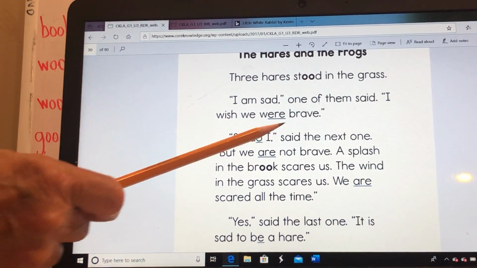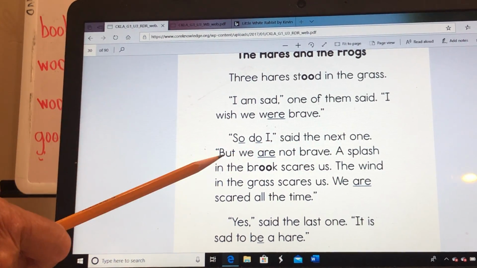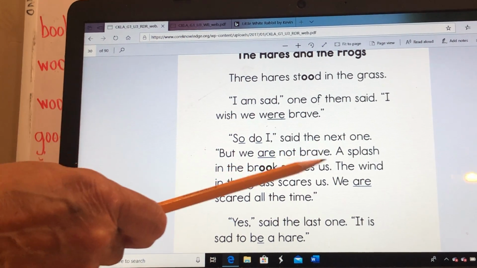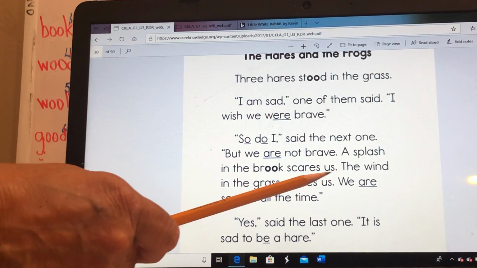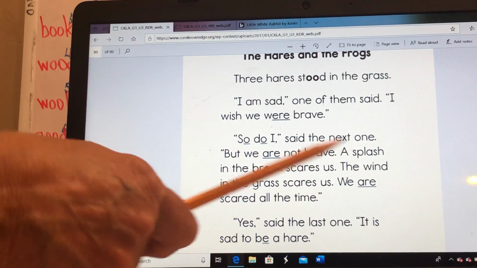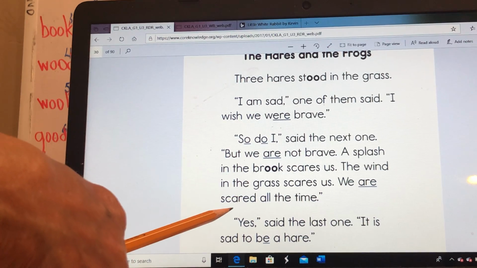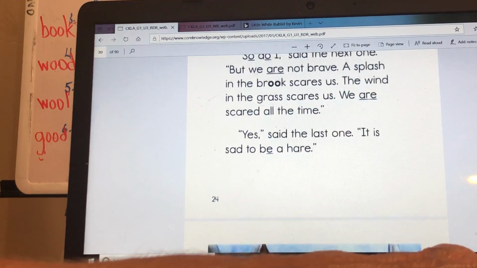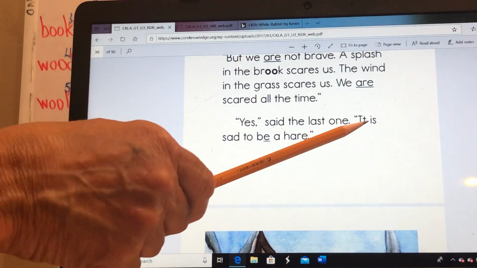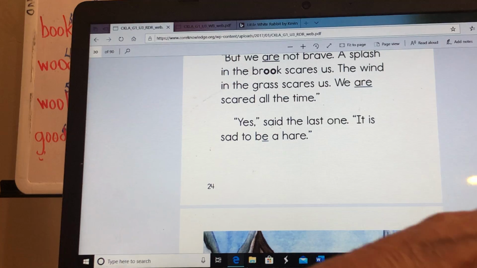I wish we were brave. So do I, said the next one. But we are not brave. A splash in the brook scares us. The wind in the grass scares us. We are scared all the time. Yes, said the last one. It is sad to have to be a hare.